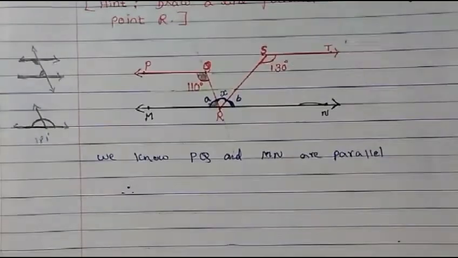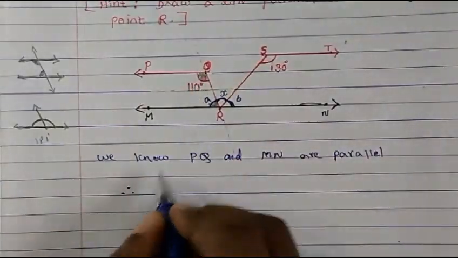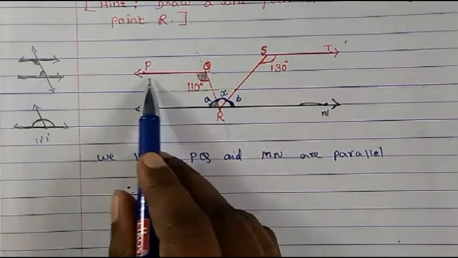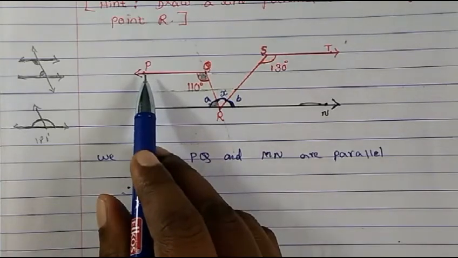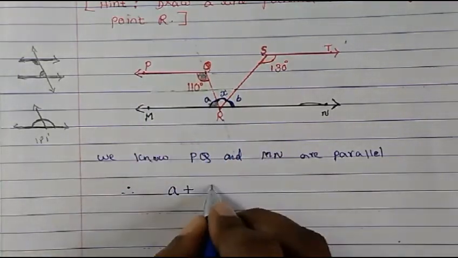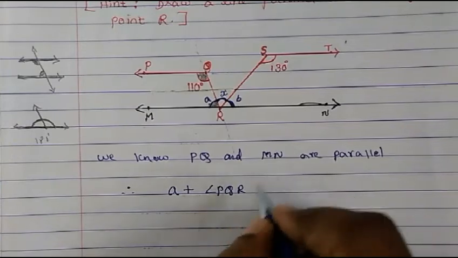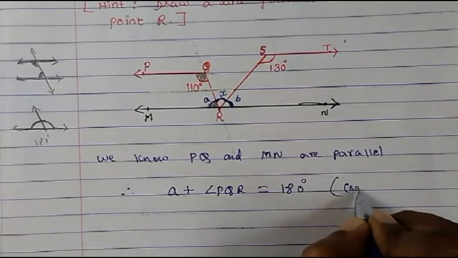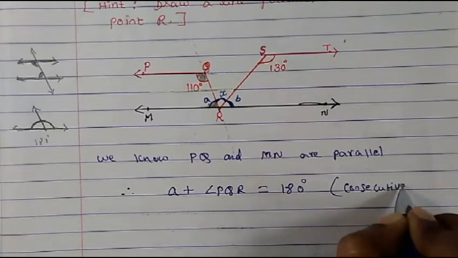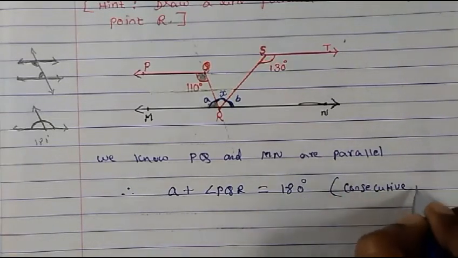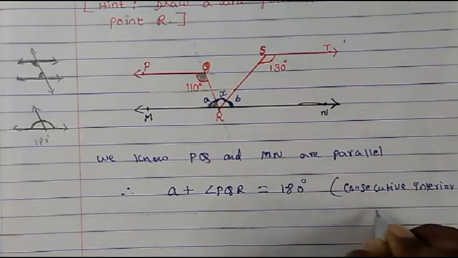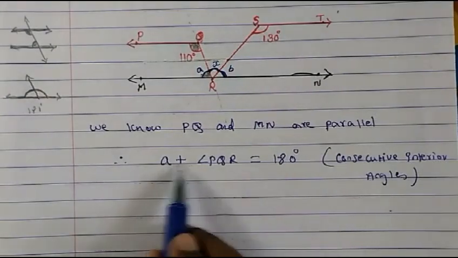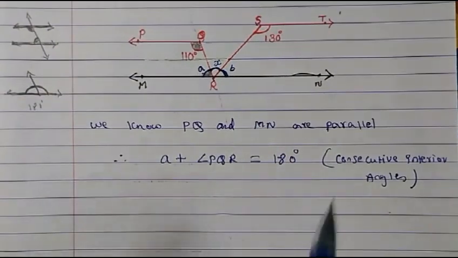Therefore, since they are parallel, we can say angle A plus angle PQR will be equal to 180 degrees because they are consecutive interior angles. This is very important: write what is in the bracket. Then only you are justifying. Otherwise, if you just write it like that, we'll put a question mark. How can you say that this is 180?